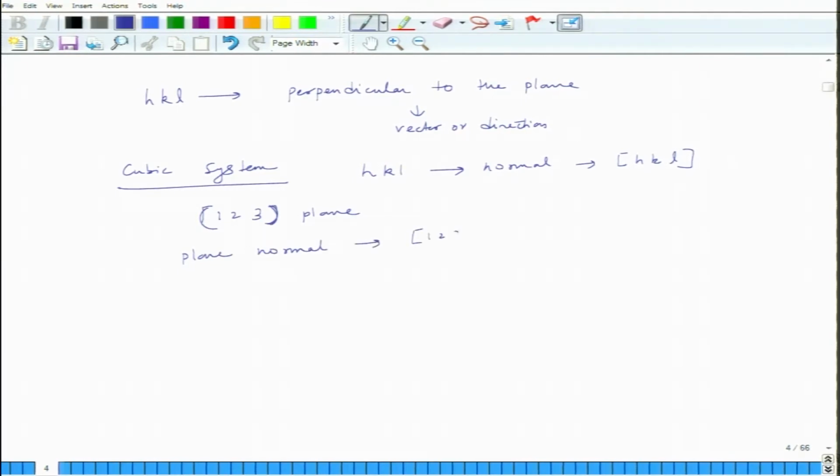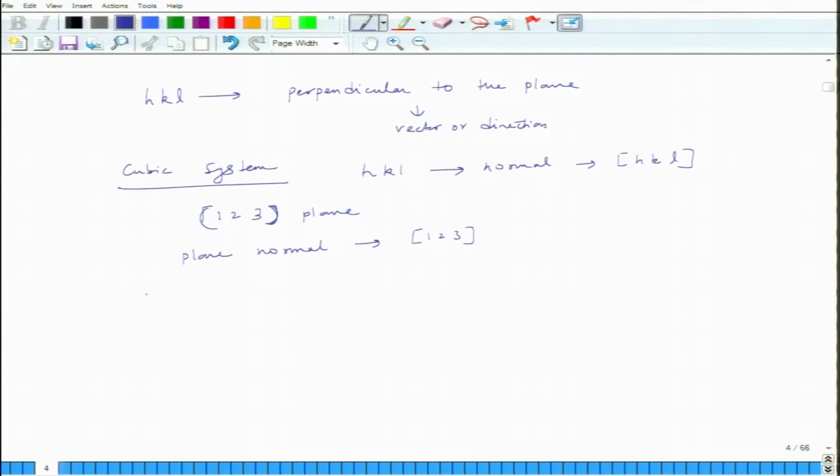This is specifically for cubic system, it applies to all the HKL planes. In case of other systems, it may apply to certain planes, it may not apply to certain planes.